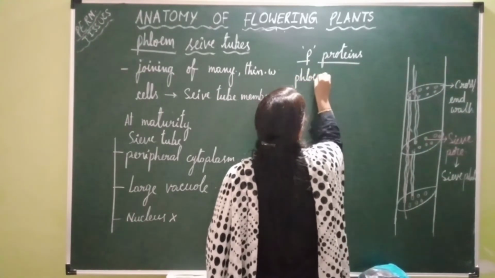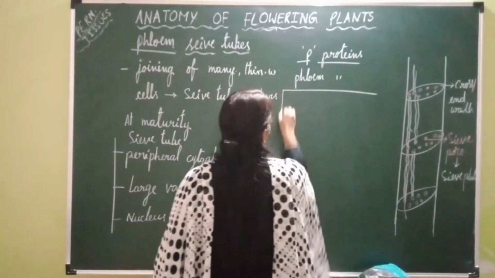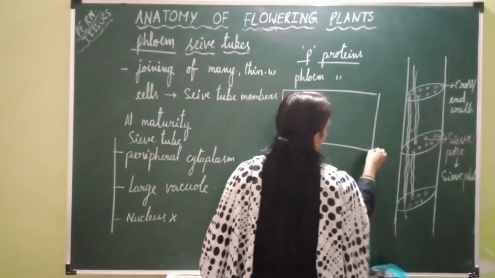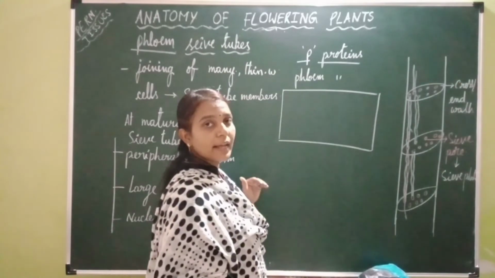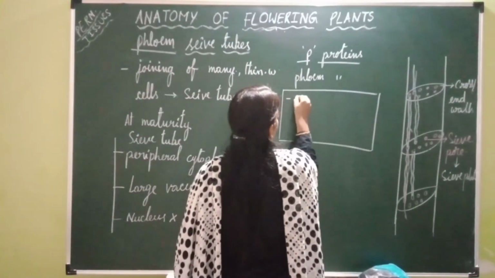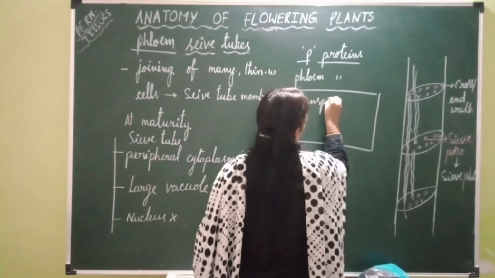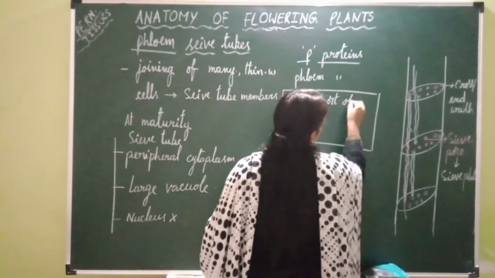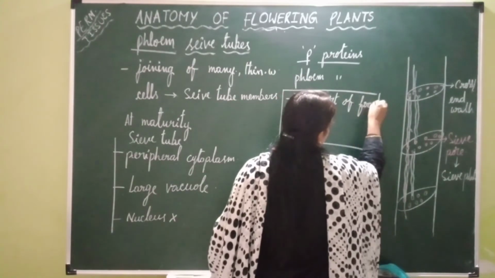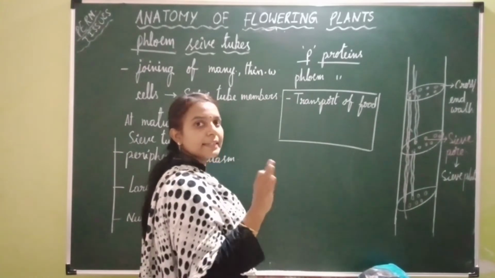So let's see the function of these phloem proteins. Phloem proteins help in translocation or transport of food through these sieve tubes. That is the first function. And for this translocation, they are ATP dependent.